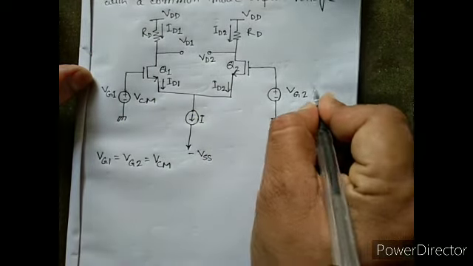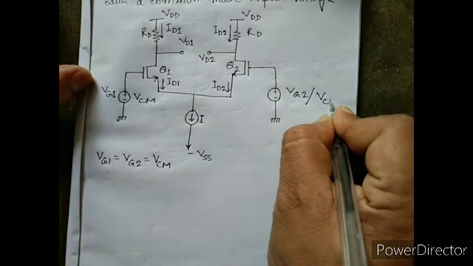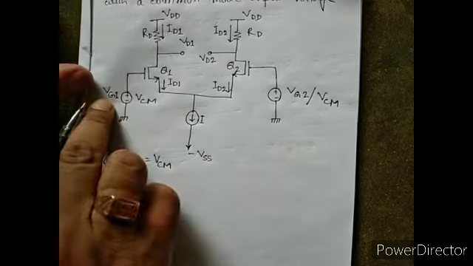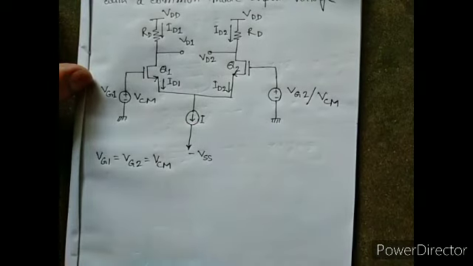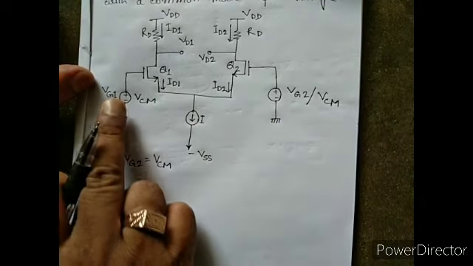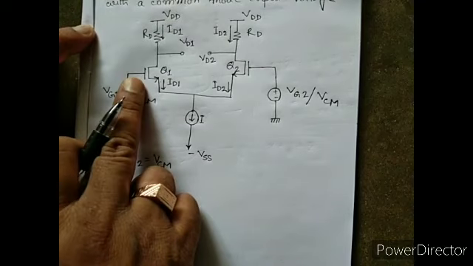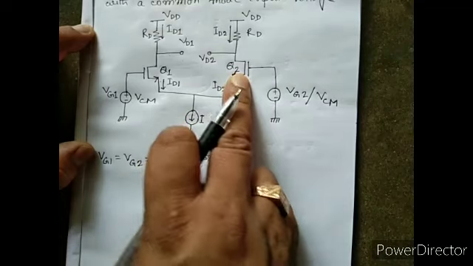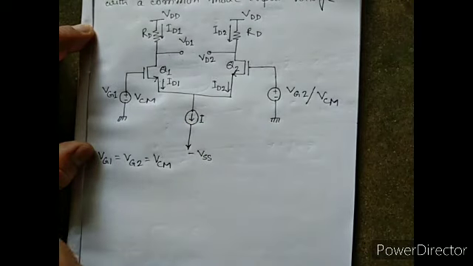So instead of Vg1 or Vg2 we can write Vcm. The common voltage is applied across the gate of transistor Q1 and the gate of transistor Q2.